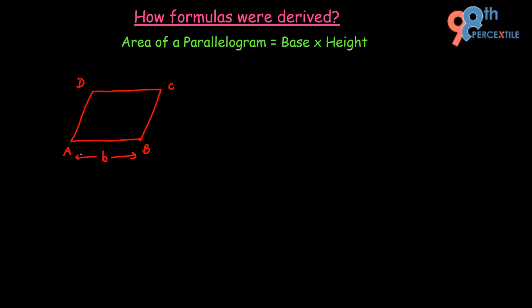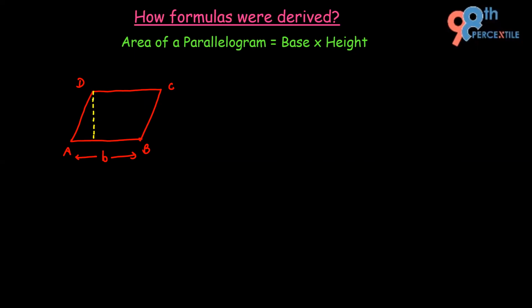Now I'm not going to draw it here. What I will do is a little bit of construction. Let's suppose you have drawn this parallelogram on a piece of paper, and you take a scissor and cut this portion of the parallelogram.